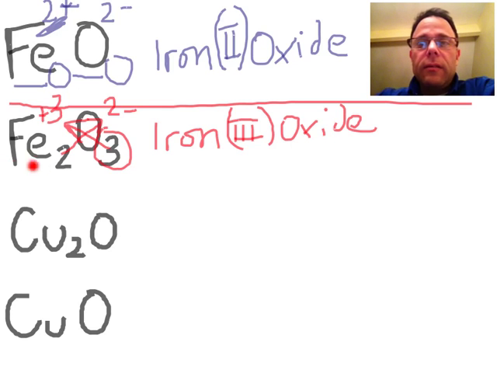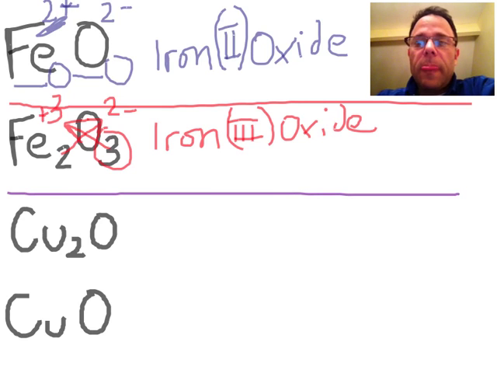Alright, let me show you how they work. Okay, well remember oxygen is a 2 minus. If oxygen is a 2 minus and we needed 2 coppers to bond with it, this copper must be, oh, and also there is an implied 1 here, this must be a +1.